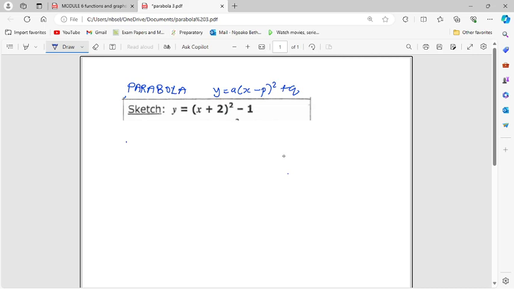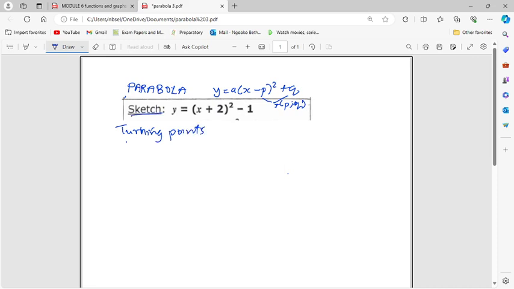In this case, p and q are the coordinates of the turning point. So if you have the formula like this already, you can simply take the turning point from it.